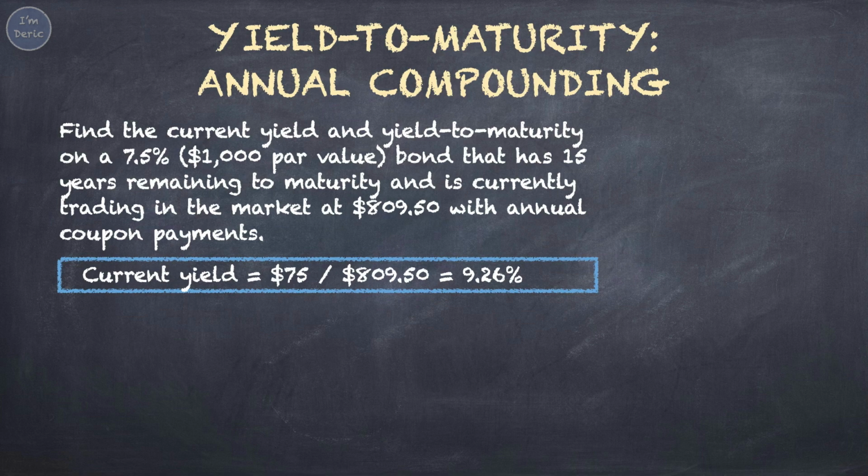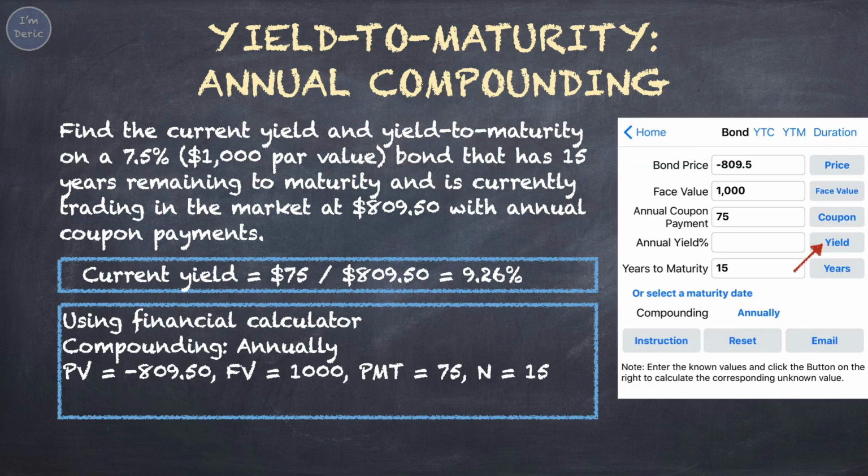To calculate the yield to maturity, YTM, it is basically the market interest rate or annual yield, IY. Using a financial calculator, set compounding to annually. PV, the current trading bond price, equals negative $809.50. Negative sign represents a payment.